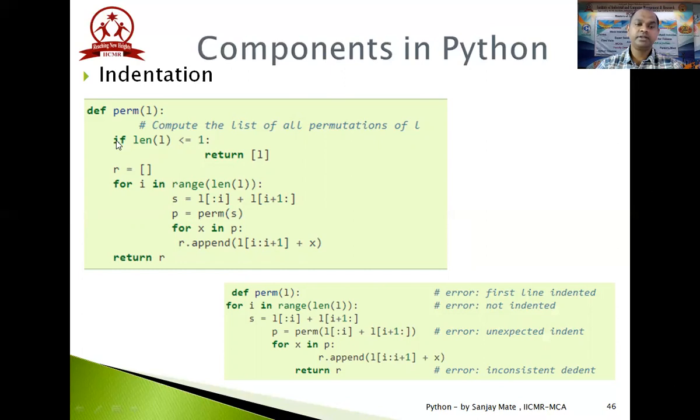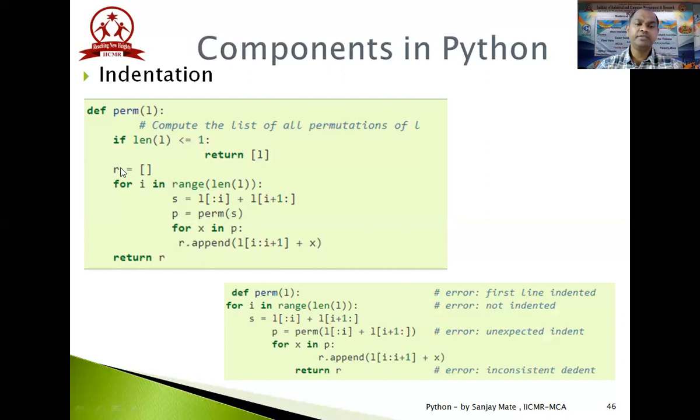Once I give the tab, it means these lines are under this function. Now I am writing an if statement. After writing the if statement, I want to include one statement inside the if. If that condition is true, then only it needs to be executed. So again I give the indentation and write the return. So this return will be inside the if.